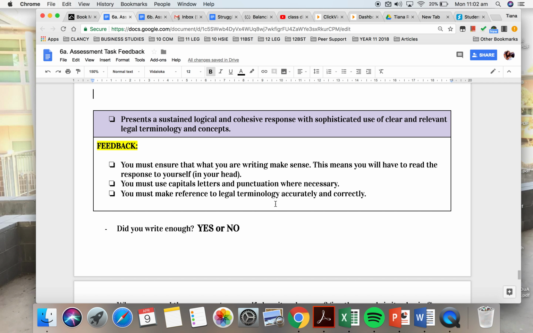So you need to make sure that you're referring to legal terminology and concepts accurately and correctly. It's the Marriage Act 2017 or the Marriage Act Amendment 2017. Okay, if you're referring to the Marriage Act 1961, that's the original act. Okay, we're looking at the changed act.